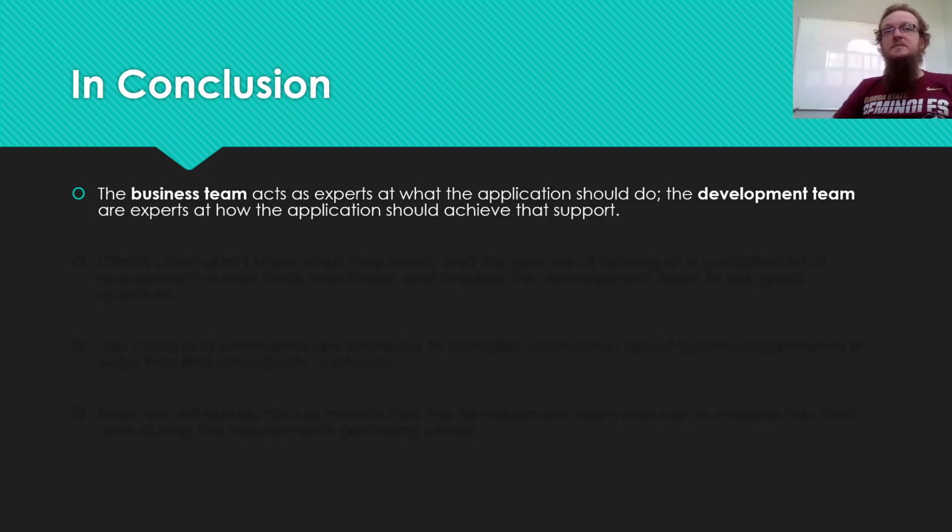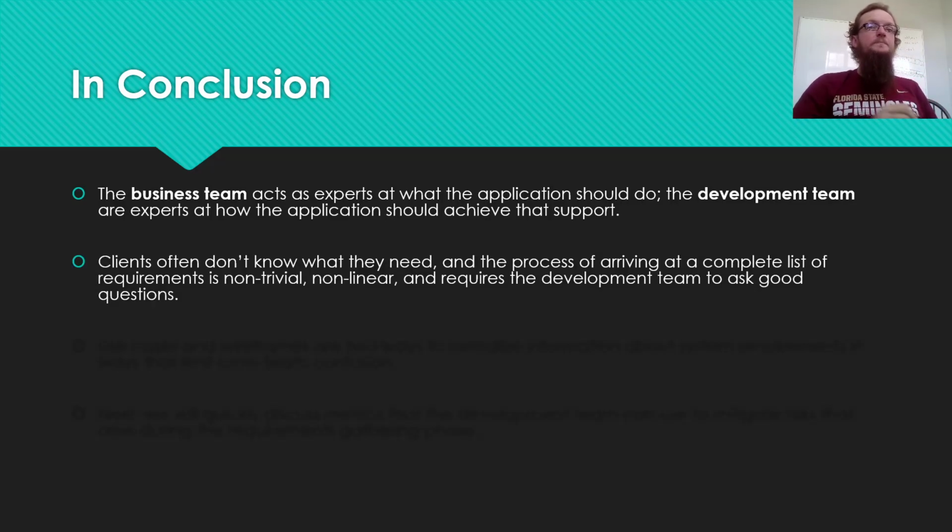The development team is a group of experts about how applications should be developed. That's the software team that you will be a part of. They are software architects, designers, the people who understand the technology needed to implement the code, and they lean on the business team to understand the application domain that they're working in.